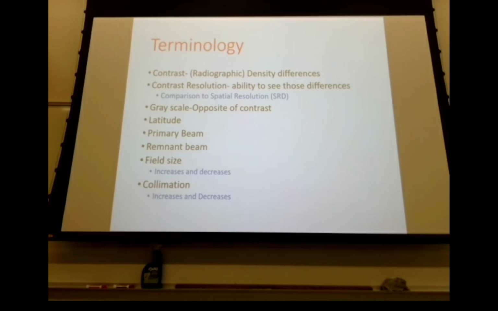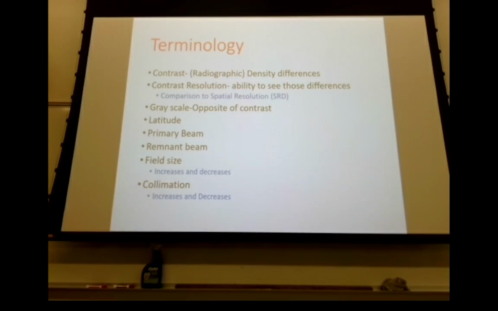So some things about the primary beam. We're going to talk about off-focus radiation, what it is in the primary beam versus the secondary beam, because the remnant beam sometimes is referred to as the secondary beam. We're going to talk about field size, as it increases and decreases. Field size and collimation are really the same thing, but the terminology kind of seems to be opposite of each other.